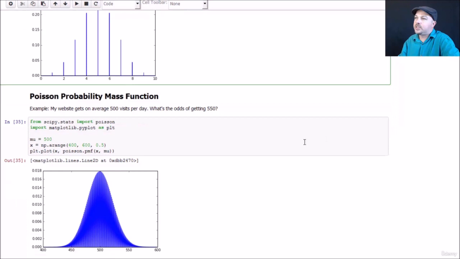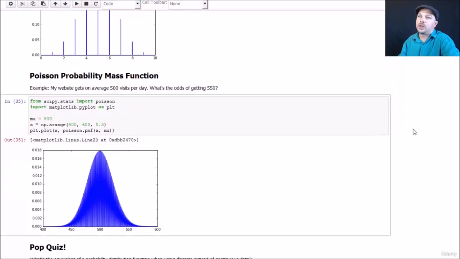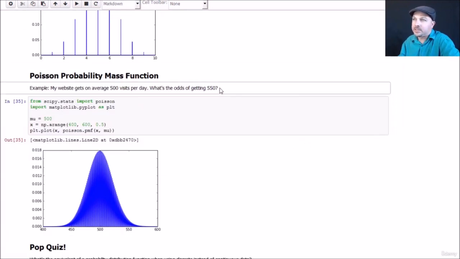Lastly, the other distribution function you might hear about is a Poisson probability mass function, and this has a very specific application. It looks a lot like a normal distribution, but it's a little bit different. The idea here is if you have some information about the average number of things that happen in some given time period, this can give you a way to predict the odds of getting some other value on a given future day.